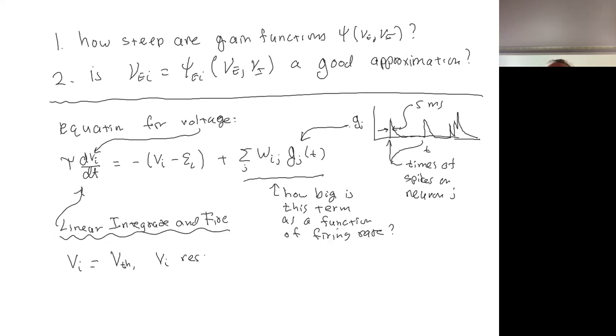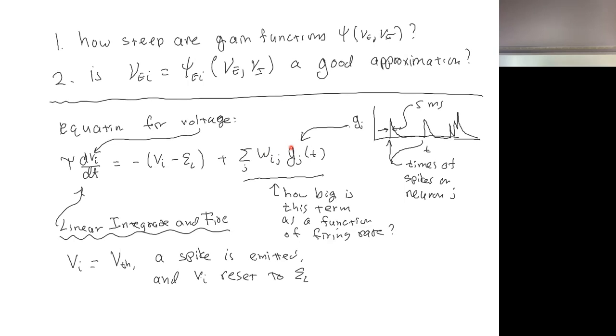So a spike is emitted, and Vi resets to EL, okay? So the more positive this term is, the more Vi is going to be pushed up, okay?